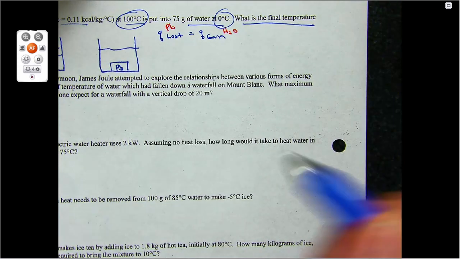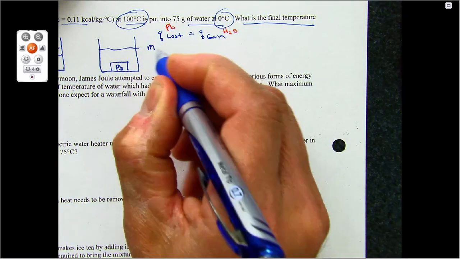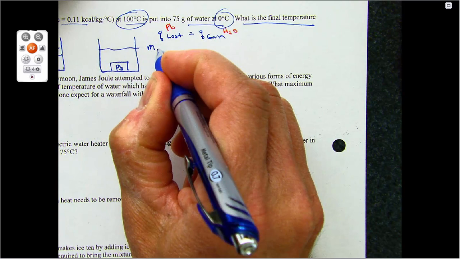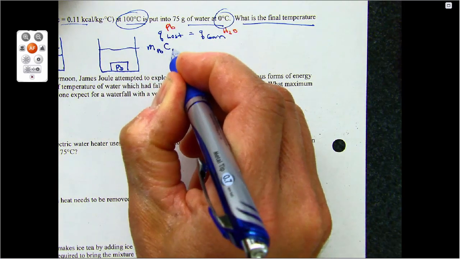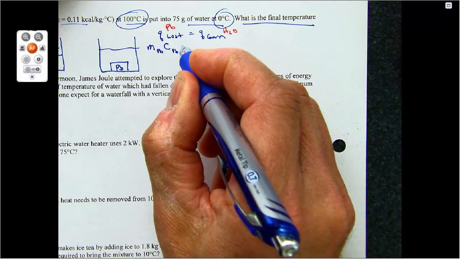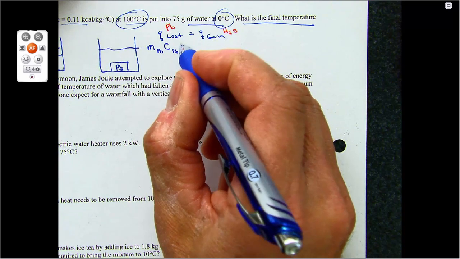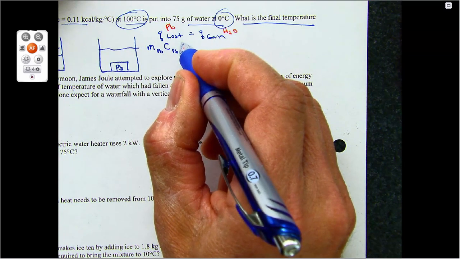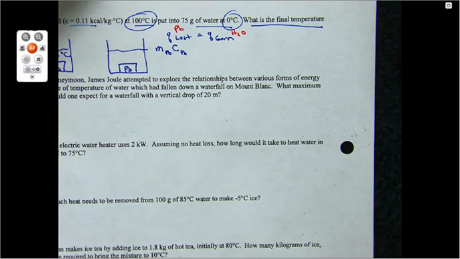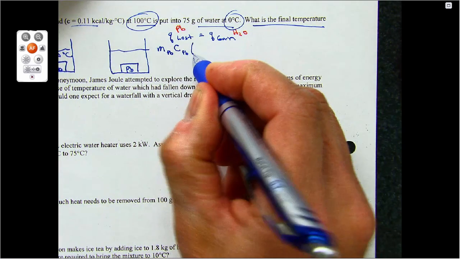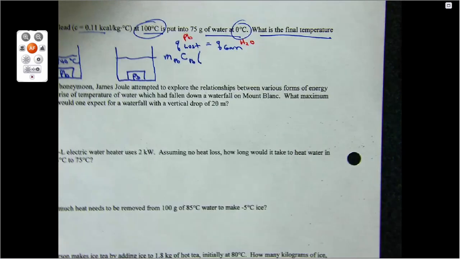So this is going to be mass of lead, specific heat of lead. Now, I'm going to put my temperature change in here. This is the key to the whole thing again. Let's put this in here right now, and then you'll be able to fill this in.